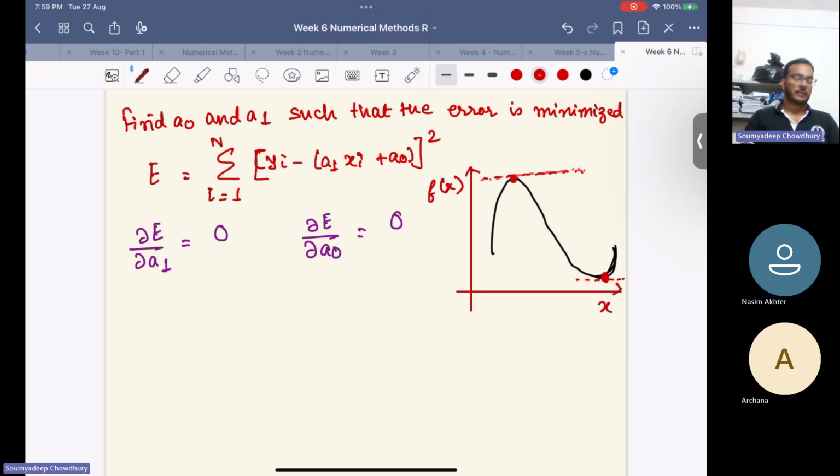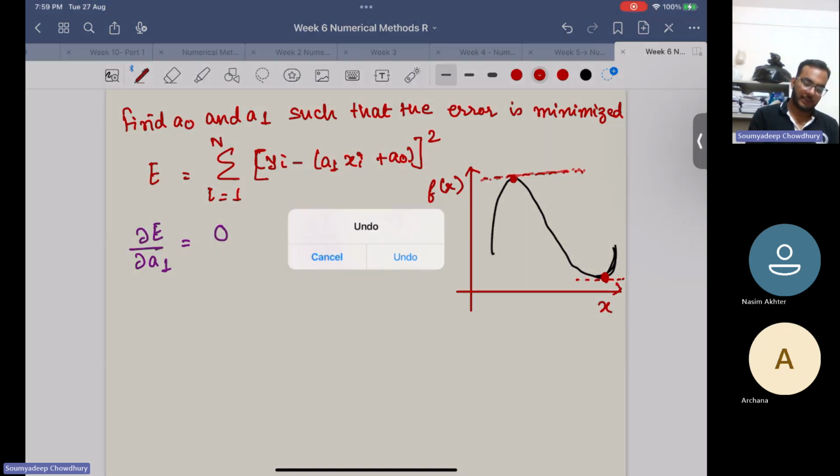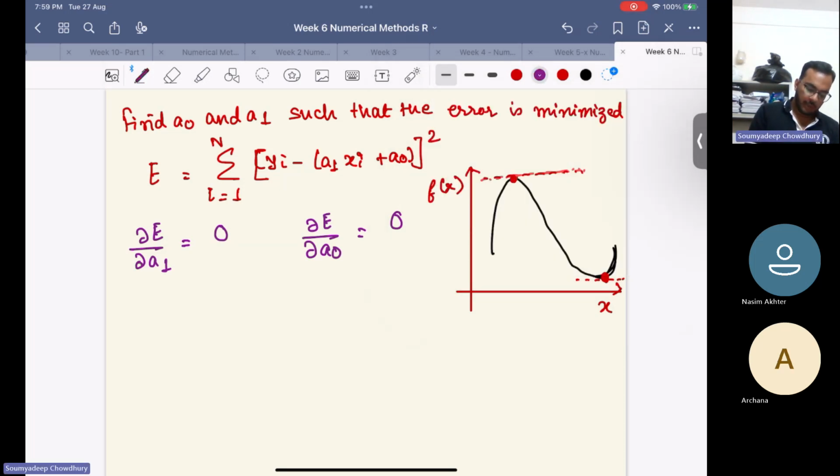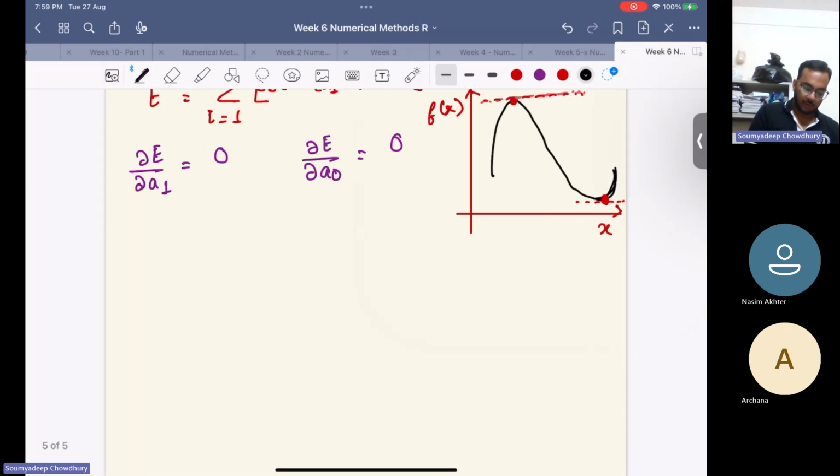Okay, fine. So if we try to differentiate this function with respect to a1 and a0, this is a complex function with a summation. I'm not doing the derivation here. You can refer to any standard mathematics book or do it yourself.